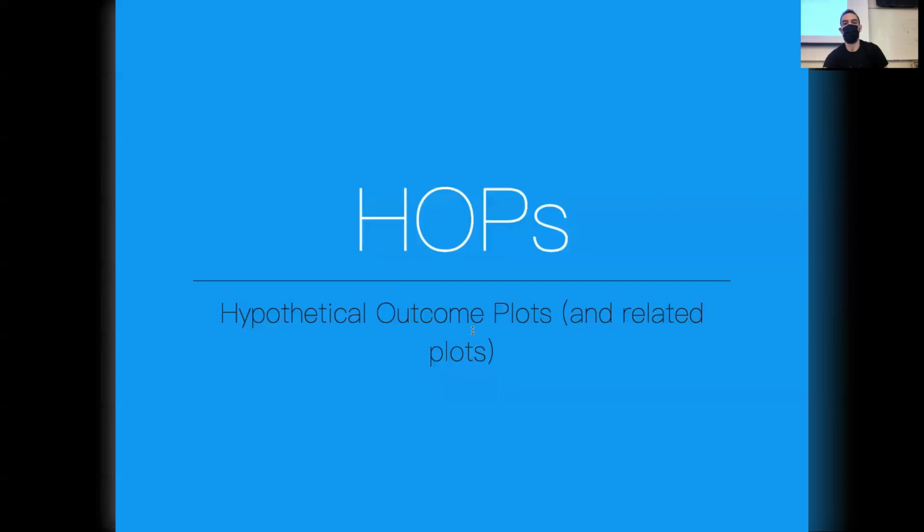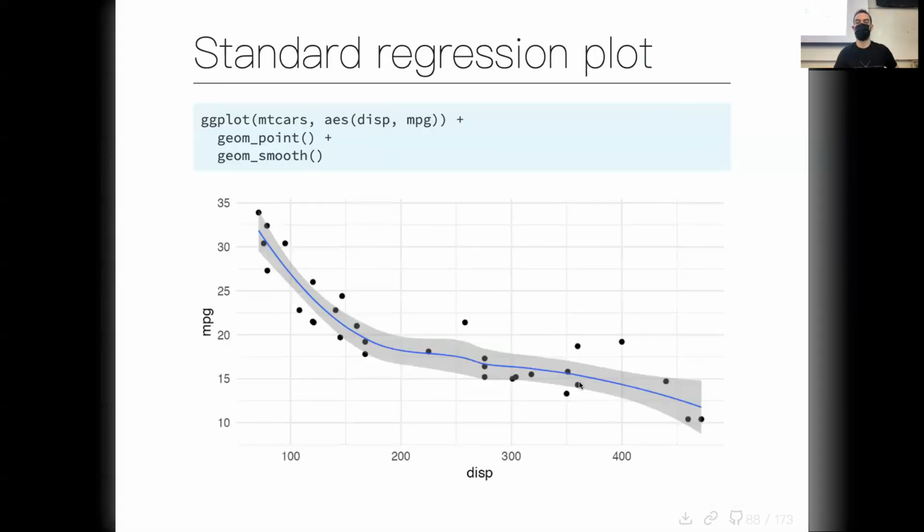Okay. All right, HOPS, hypothetical outcome plots, and some related plots. When we have a regression plot, it typically looks like this, at least in ggplot. We have something on the x-axis, something else on the y-axis, and then we put a layer of points, and then we'll often layer a smooth on there. Sometimes we'll say method equals LM to make it a straight line instead of this curvy line, but it's the same sort of thing. And what we have to communicate our uncertainty is this gray area here.